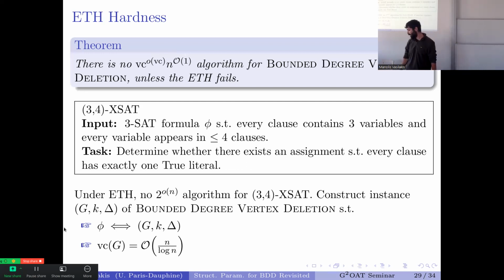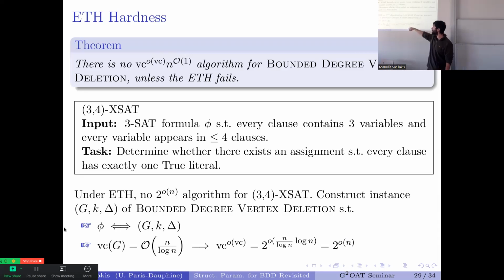And why is that? Well, if we had such a running time for our problem, we would get 2 to the n over log n times log n minus some smaller stuff. So this would give us a 2 to the little o of n algorithm for this SAT variant, which cannot be the case under ETH.